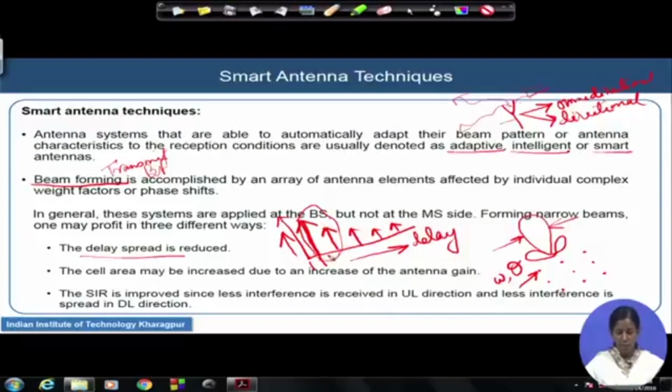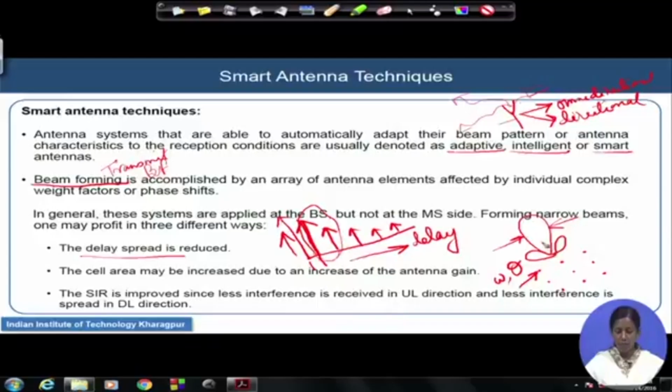Hence, the delay spread of the signal can be heavily reduced if I use a very narrow beam transmission, as we are focusing the power. In the earlier case of 360 degree communication, most of the power is spread over the channel and over the 360 degree zone, and you cannot capture all the power in the receiver.